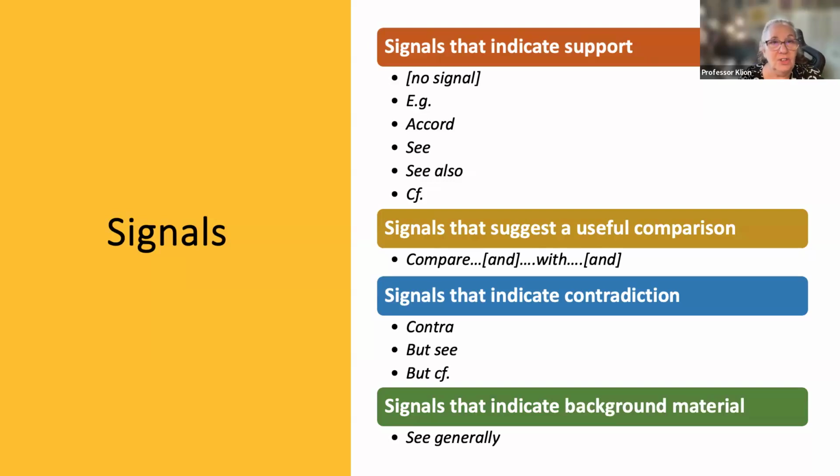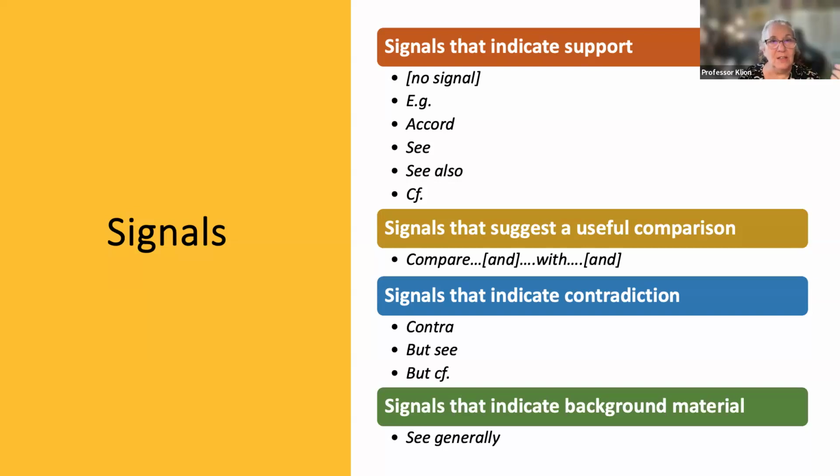If you are using signals of the same type, meaning that you are going to use all signals that indicate support, when you separate your case citations and put another signal in front of your second cite, they are separated by a semicolon. If you are going to use different types of signals, you need to end the sentence of the one type of signal you're using.